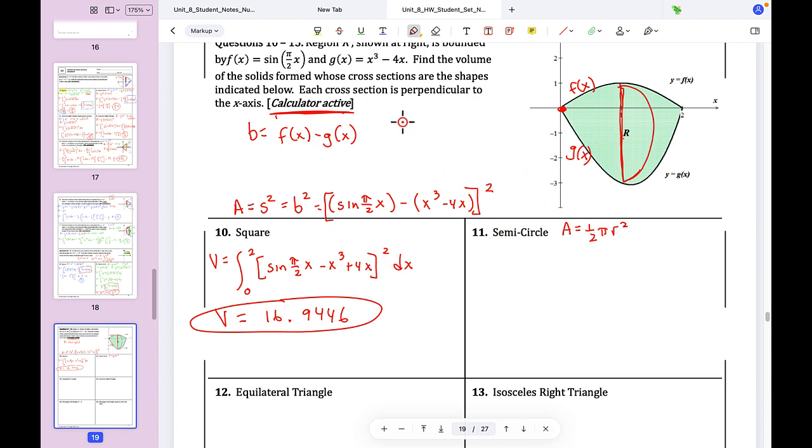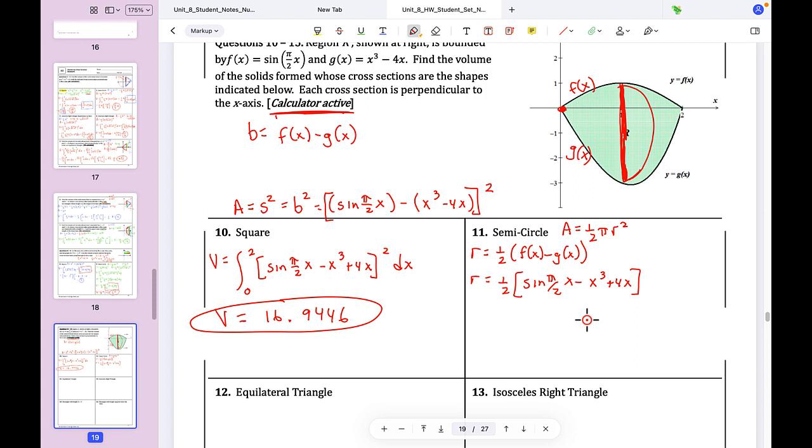So f of x minus g of x is the base, or the diameter, right? So r is 1/2 of f of x minus g of x. So r equals 1/2 of sine pi over 2 x minus x cubed plus 4x.